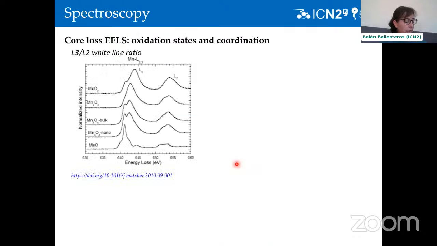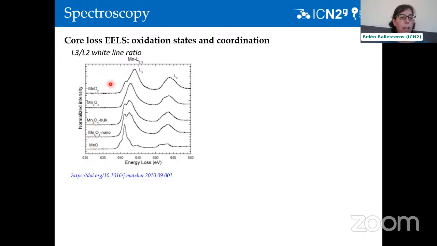Also, in EELS, we can do some other types of experiments. If we study the core loss signal, we can study oxidation states and the coordination. This allows us, for some elements, to distinguish between different oxidation states and then different phases of the material that we can have.